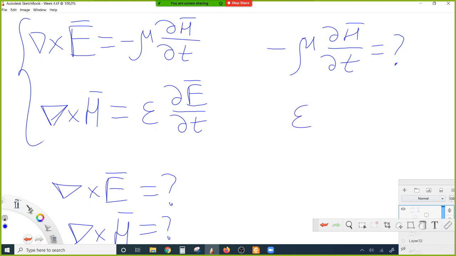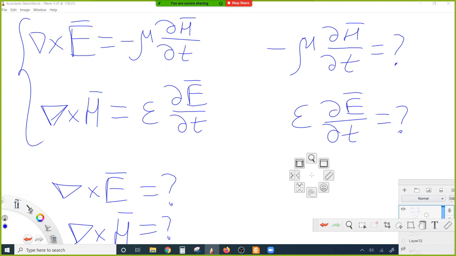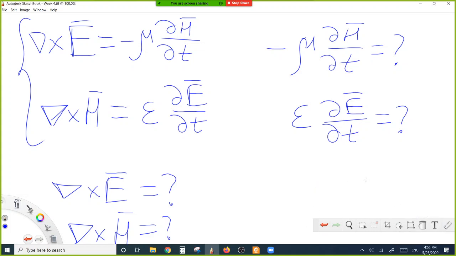And also epsilon dE over dt equals to what? So can you compute these values? Can you try to compute these values?